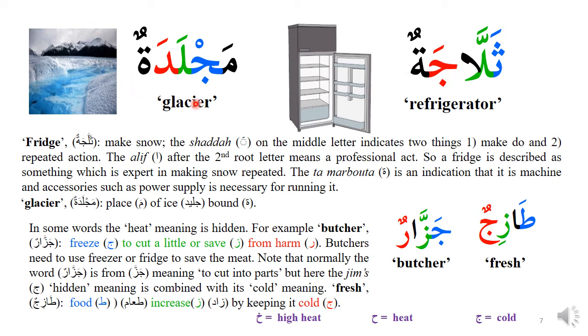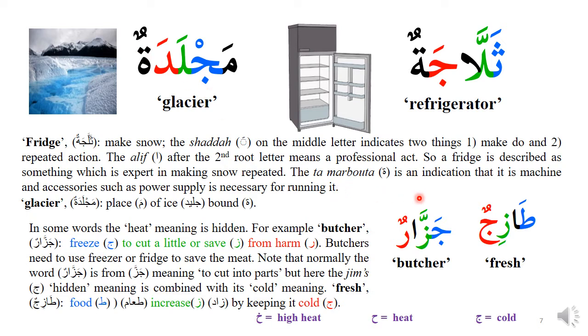Okay, Majladatun is glacier. Mim obviously is place, and in both cases the Ta Marbuta, in Sallajatun and here, would indicate that an accessory is necessary. Here also you need some accessories. You cannot survive there on your own in the glacier. It would be only for a short time that you can stay there, which is indicated by the Ta Marbuta.